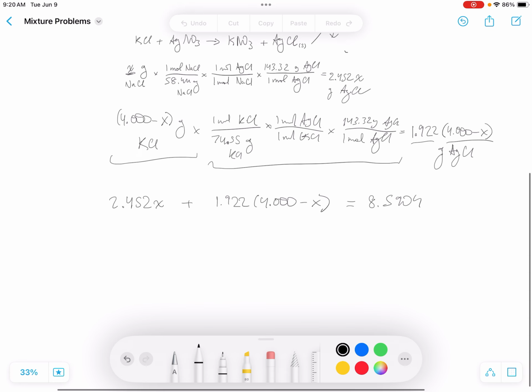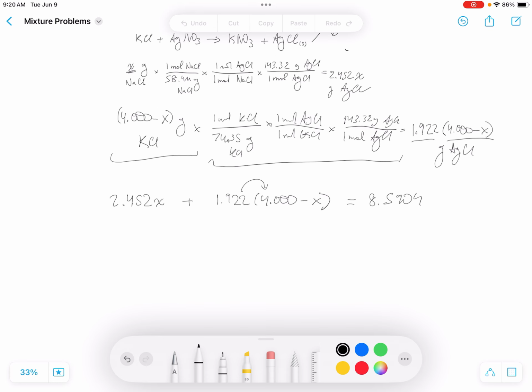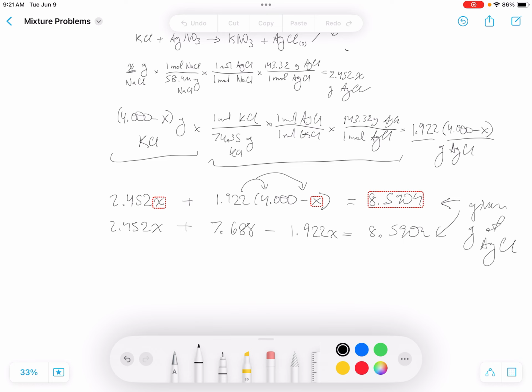So we can start by distributing this term, right? So we have 2.452x plus 7.688 minus 1.922x equals 8.5904, right? And remember, this is your given grams of AgCl.